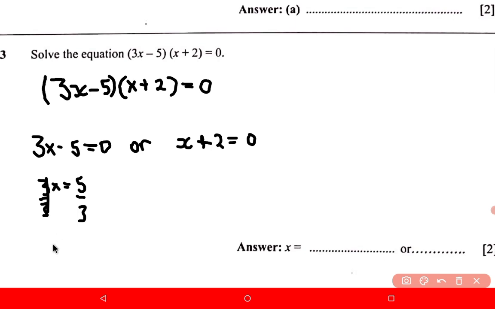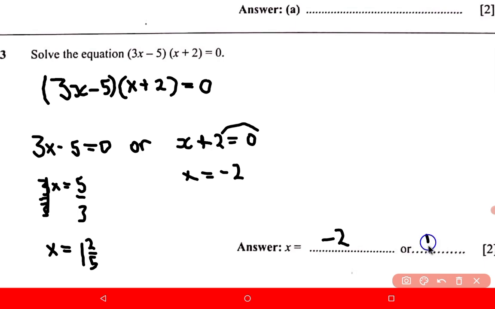This cancels out, so x is equal to what? 3 into 5, that is 1, remainder 2 to 5. Then this side, taking the 2 this side, you get x is equal to negative 2. So this means x is equal to negative 2.